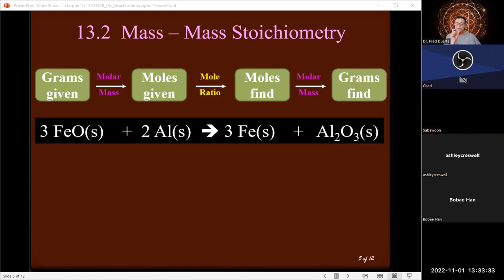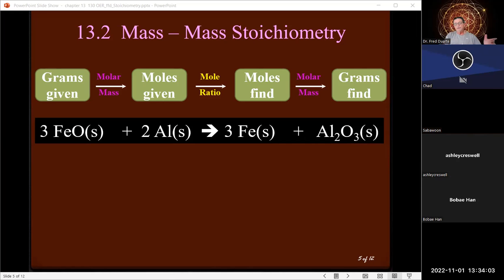Remember, double displacement, 99% of the time you have 2 aqueous reactants, both ionic compounds, and they exchange partners. And one of them may be insoluble, and you get a precipitate. You look at the products. So the double replacement wouldn't define this. What do you think it would be?